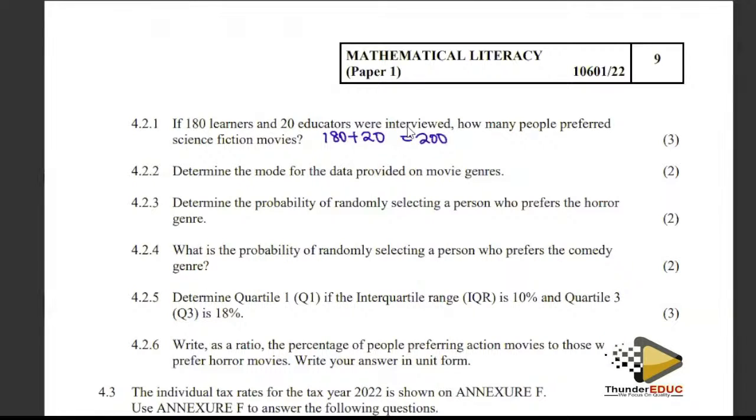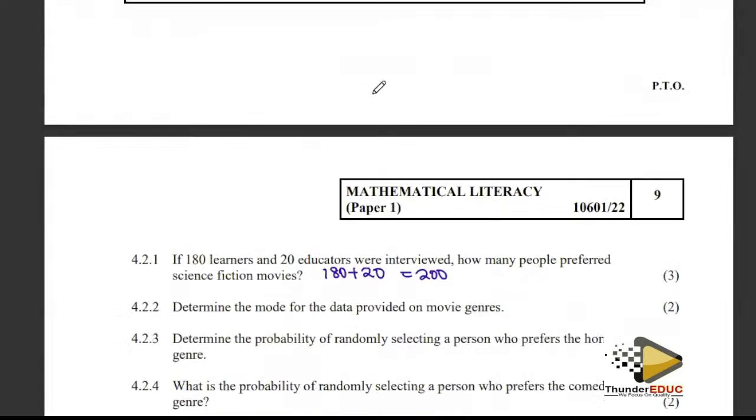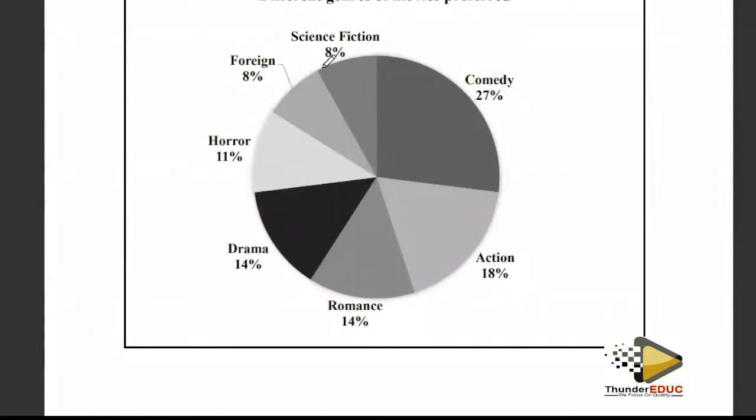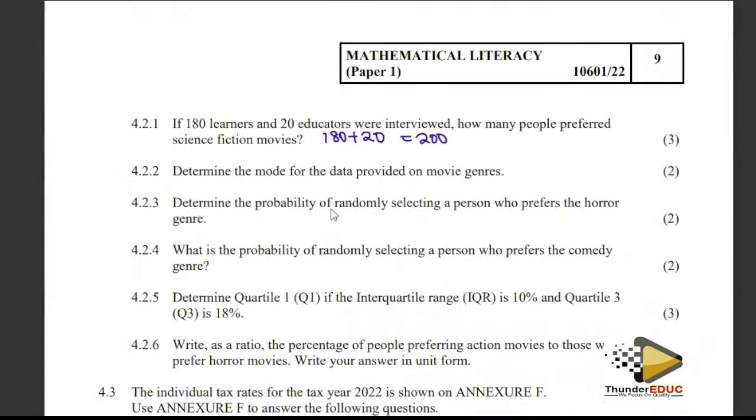Of the 200, what percentage preferred science fiction? We shall look at the graph for science fiction. It's 8%. So we shall multiply this percent. So how many people are they? We shall say 16.